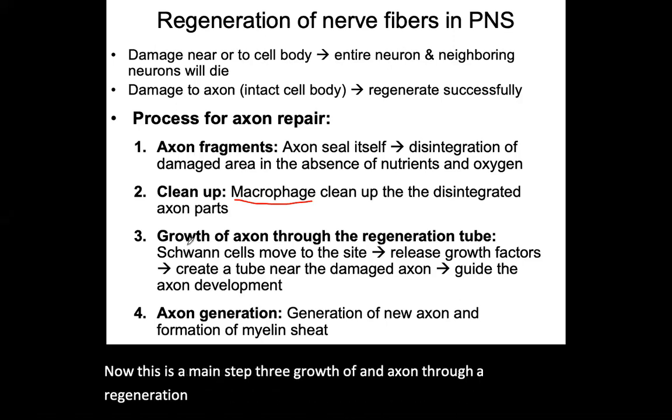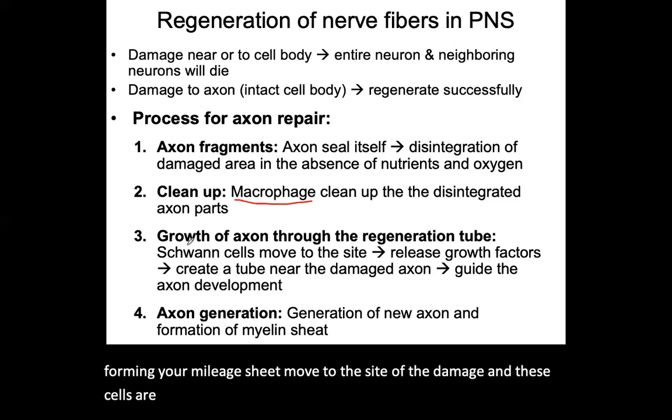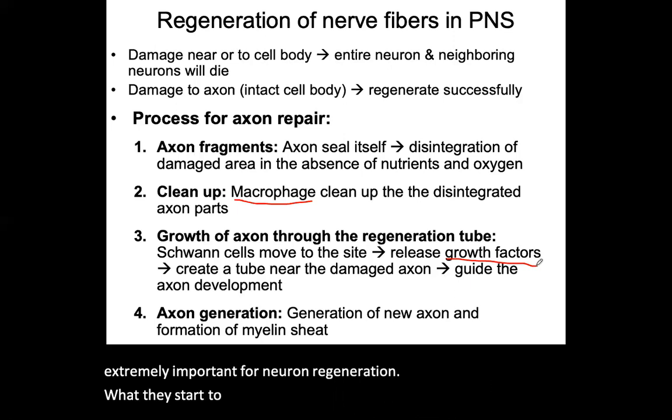At this point, your Schwann cells, which form your myelin sheath, move to the site of the damage. And these cells start to release what we identify as growth factors. These are extremely important for neuron regeneration. What they start to create is a tube that is near the damaged axon.